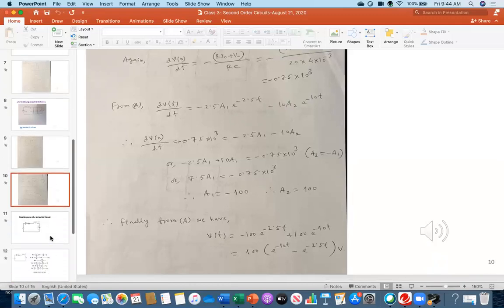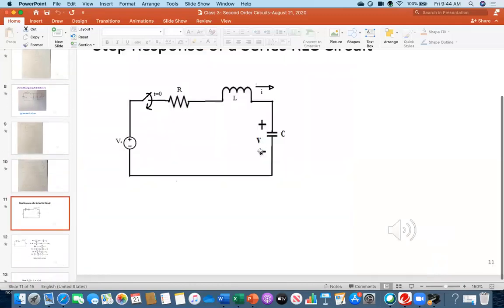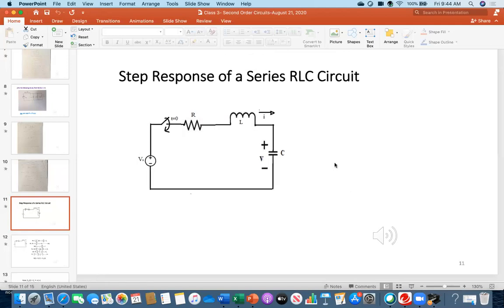Okay, and then moving forward. Here you see a little bit different topic: step response of a series RLC circuit. So far we looked at the source-free series circuit and source-free parallel circuit.